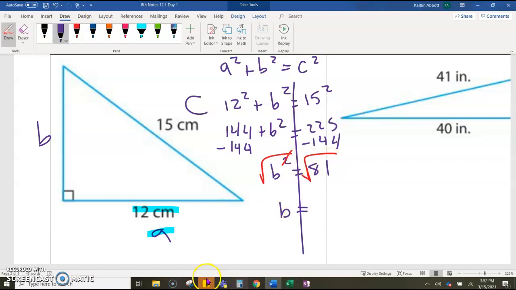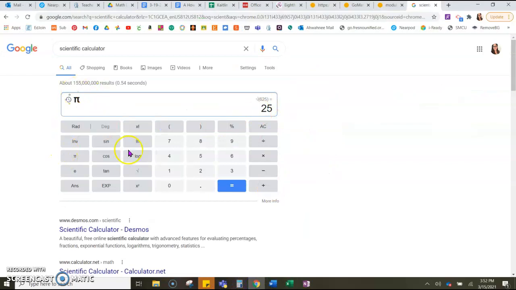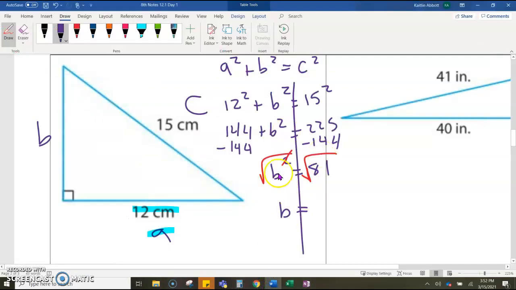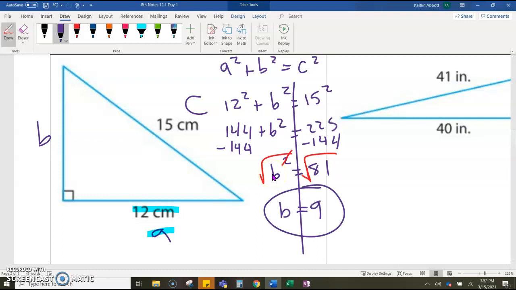So we're going to go back to our scientific calculator, and we are going to do the square root of 81 equals 9. If you thought 9, like, yeah, Ms. Abbott, I know 9 times 9 got me 81, then you wouldn't have had to put it in the calculator. So that is 9. Great job. So our B over here is 9 centimeters.